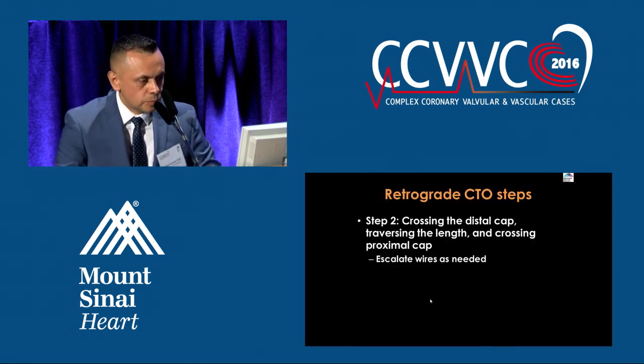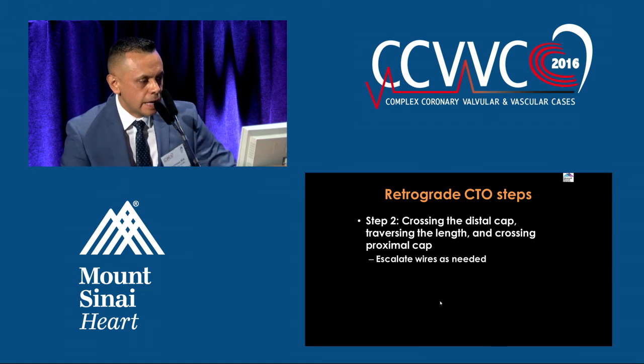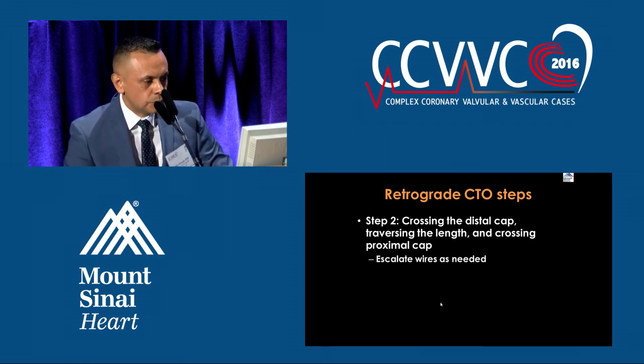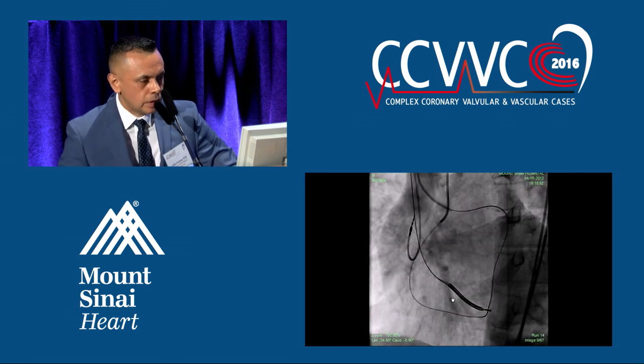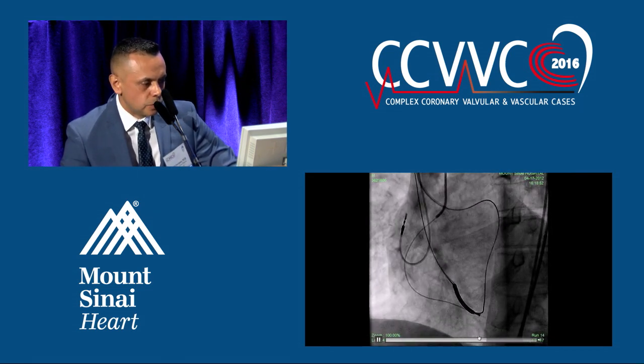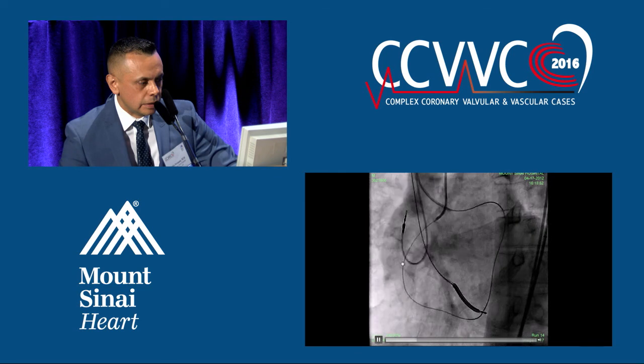The second step will be crossing the distal cap, and you're going to be escalating wires as needed. And here you cross the CTO, and the wire went all the way into the RCA guide.